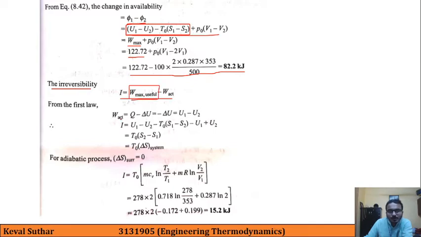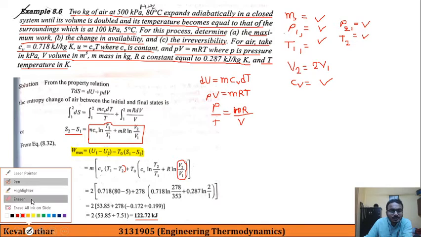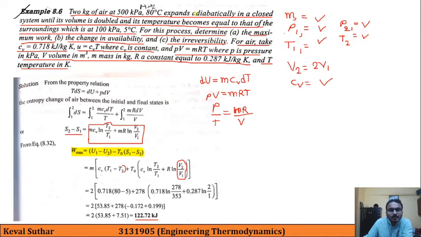W actual will be obtained from the first law of thermodynamics, that is, let me write down over here that W actual is equal to Q minus delta U. And if you see our question here, the entire process is adiabatic, so Q will be 0.